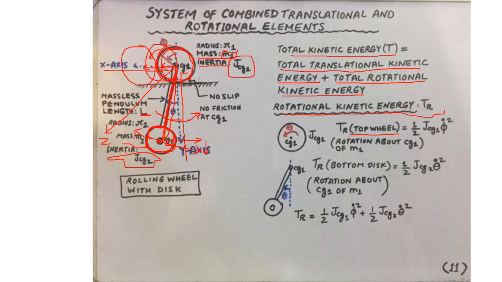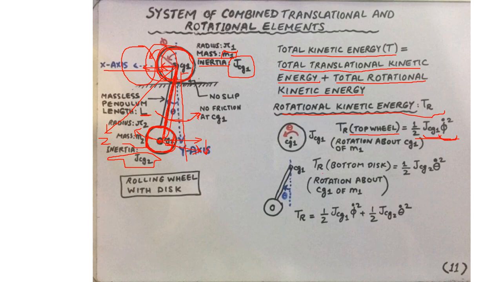The rotational kinetic energy has the expression half times the inertia times the angular velocity squared. So the inertia is Jcg1, because we are talking about the inertia of the top wheel, times its angular velocity, that is phi dot squared.